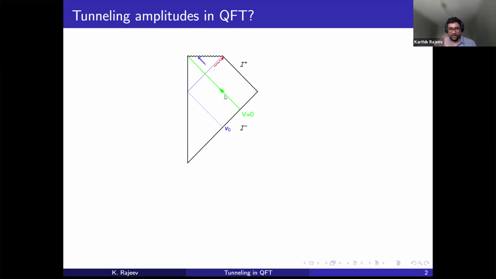So towards the south of this line, the space-time is just Minkowski, right? And if you go north of the line, it's Schwarzschild. So it's Schwarzschild and Minkowski stitched together in an appropriate way. And this blue line is what will eventually become the horizon when the black hole is formed.